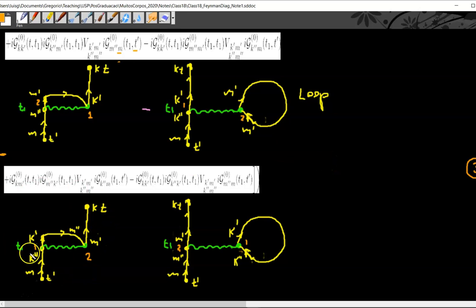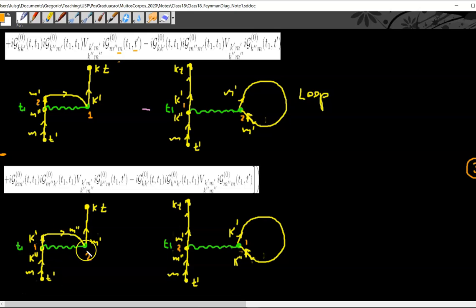And you maybe wonder, okay, why did I copy the diagrams from above? Actually, they are essentially equivalent. They're topologically equivalent, and here's why. Notice that in this one, I'm propagating from m to k double prime. K double prime enters a vertex in the interaction, and there's a k prime leaving in that same vertex.